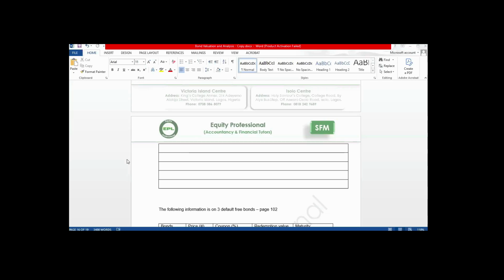Assuming you want to obtain a loan today, the interest rate you are going to pay today for that loan is called the spot rate of interest.